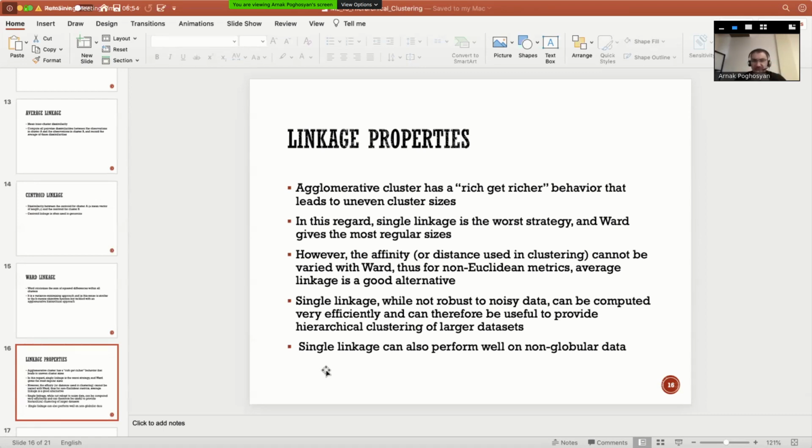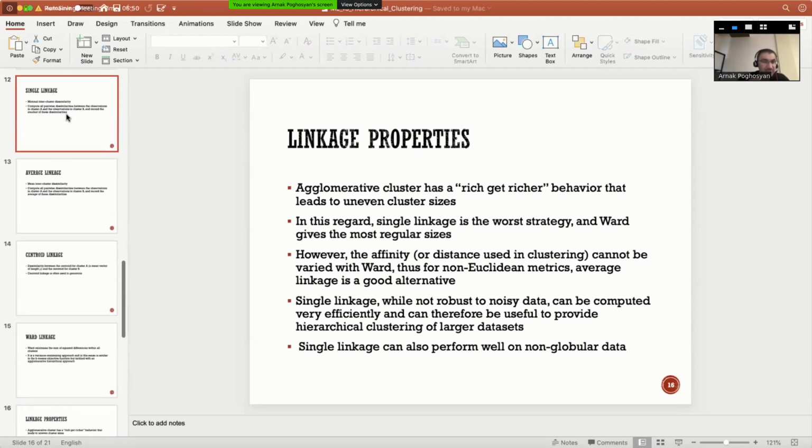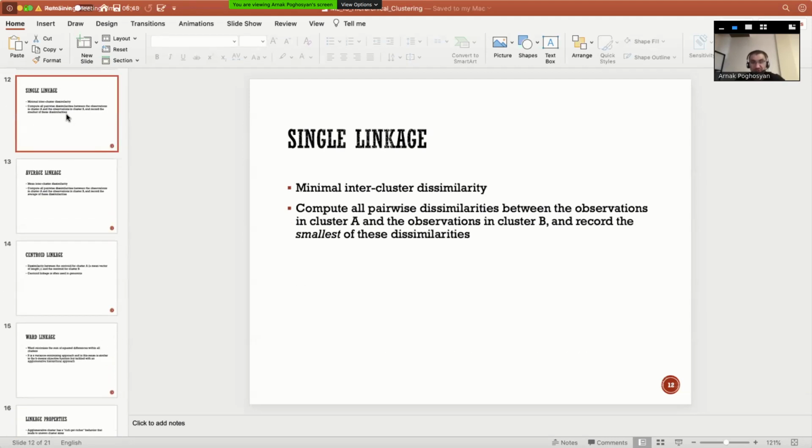That is why with single linkage, you can just try to recall, single linkage is using the minimal intercluster dissimilarity. So even when you have two points which are close to each other, coming from clusters A and B, you are merging these clusters, because in this case you are taking this minimum distance. It's rather bad.